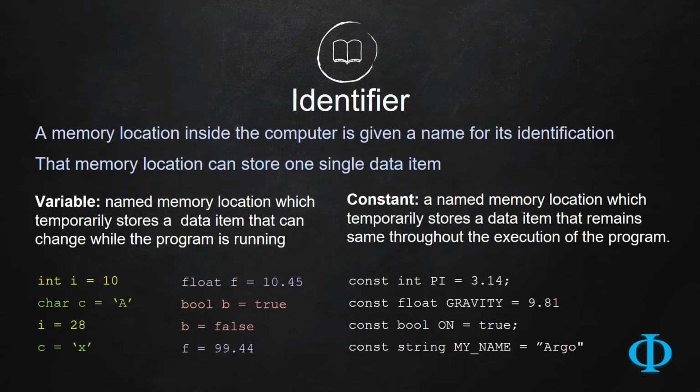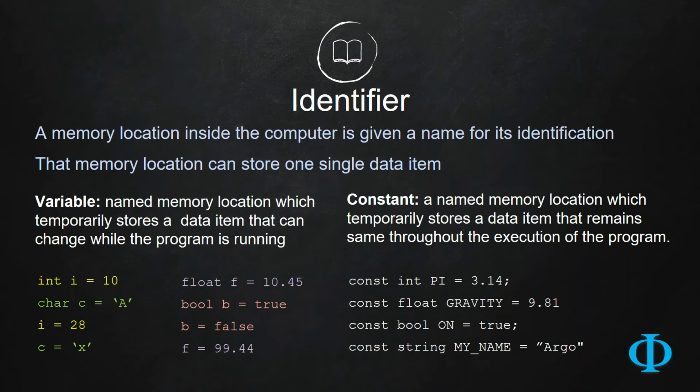Now let us understand what an identifier is. An identifier is a memory location inside the computer which is given a name for its identification. That memory location can store one single data item. This data item can be stored in two different ways.